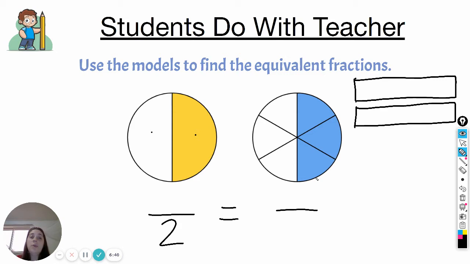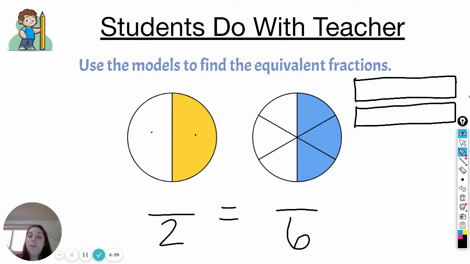Okay, go ahead and hold that number up with your fingers. 6. Okay. This piece is broken into 6.